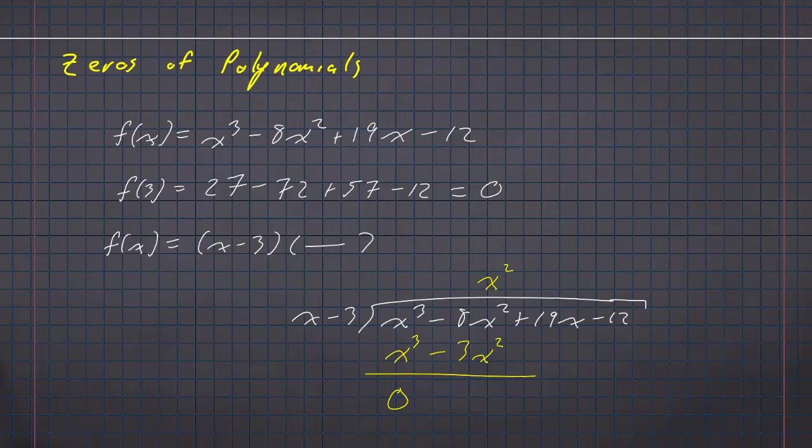Go back and try again. Then we want to take negative 8x squared minus negative 3x squared. It's really easy to get confused and lose or add an extra negative sign. We need negative 8 minus negative 3, which is negative 8 plus 3, which is negative 5.